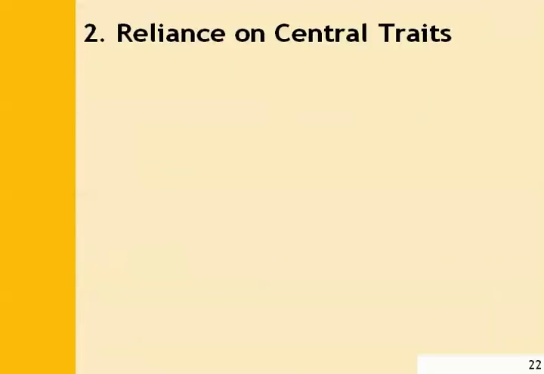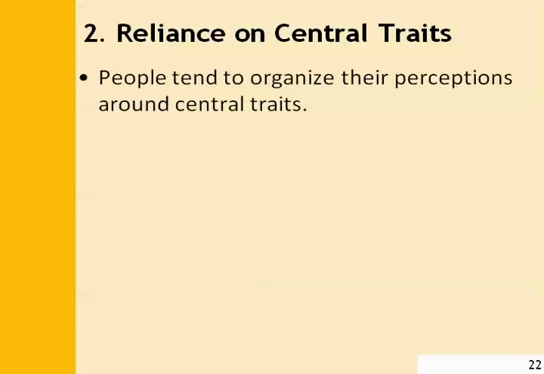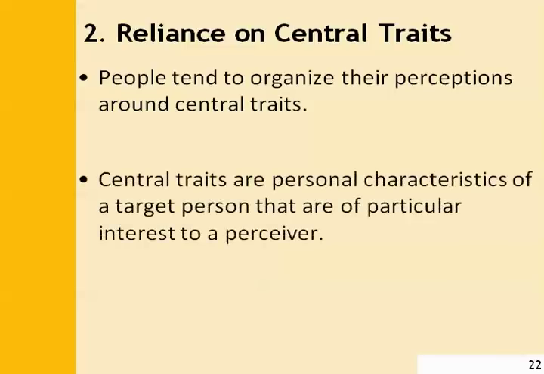The second bias, the second source of bias, is reliance on central traits. People tend to organize their perceptions around central traits. What does that mean? Central traits are personal characteristics of a target person that are of particular interest to a perceiver.